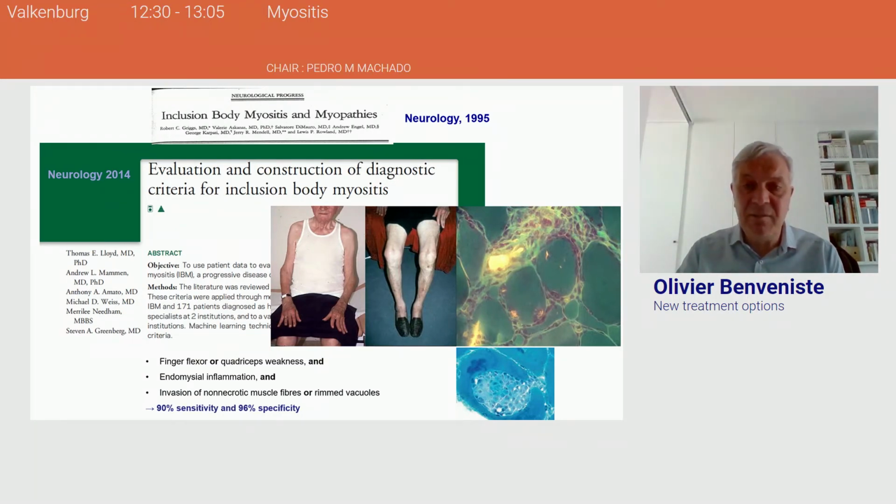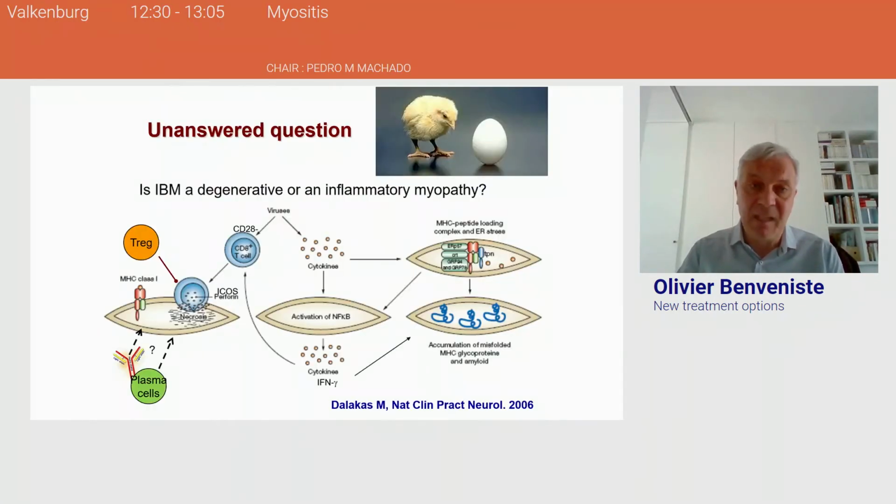and on the biopsy, inflammation within the muscle and rimmed vacuoles or the presence of ring vacuoles, so you have all the characteristics here, then it is not a polymyositis, it is inclusion body myositis.